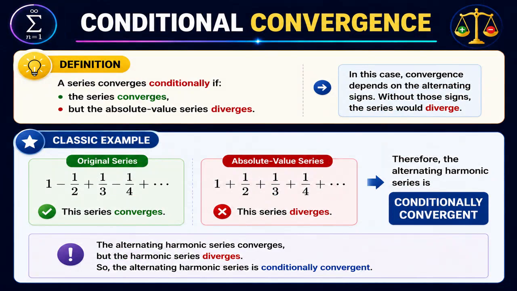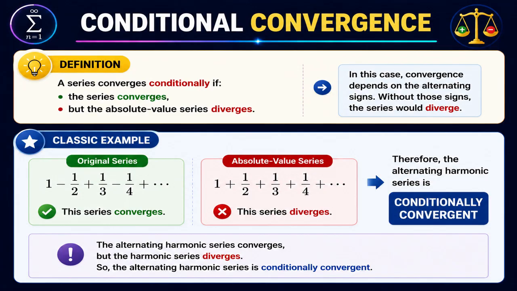Let us define conditional convergence. A series is conditionally convergent when the original series converges, but the absolute value series diverges. This means the convergence depends entirely on the alternating positive and negative signs.